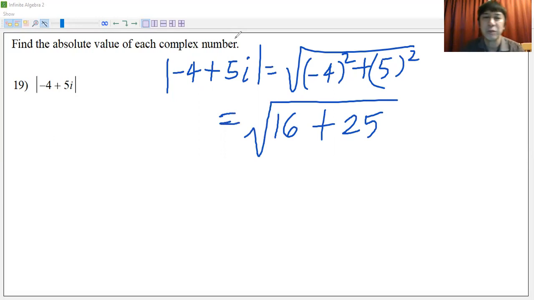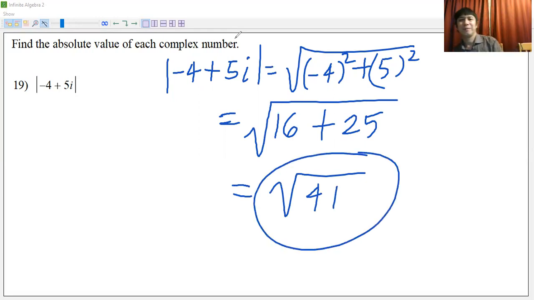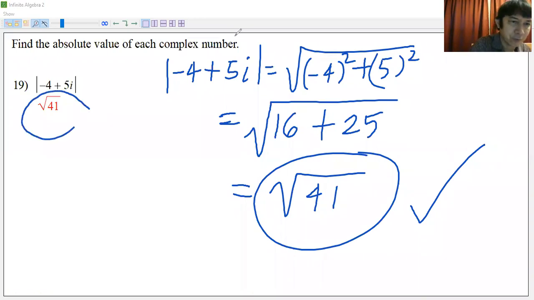And so this will just be square root of 41. That's square root of 41. And so this is now the answer. Square root of 41. All right. We are correct. And we shall have the last number 20.